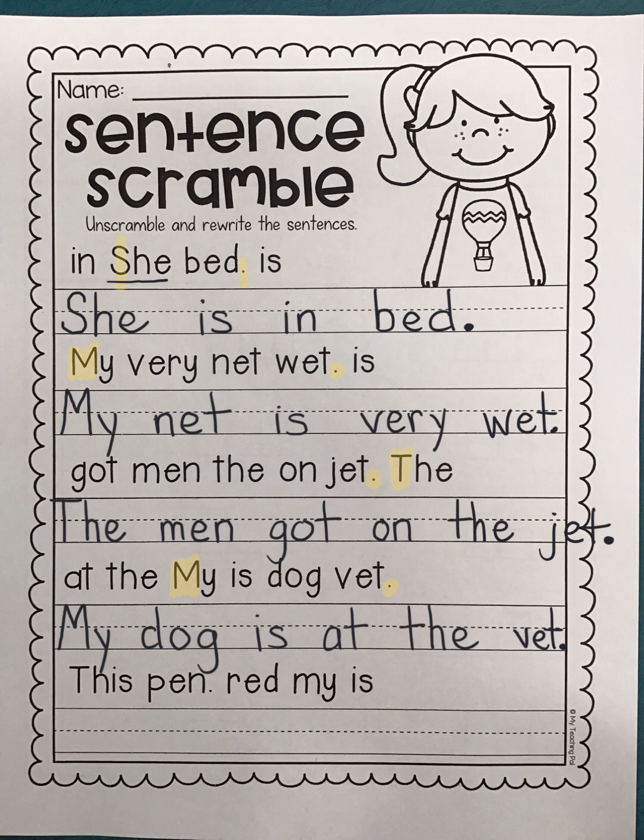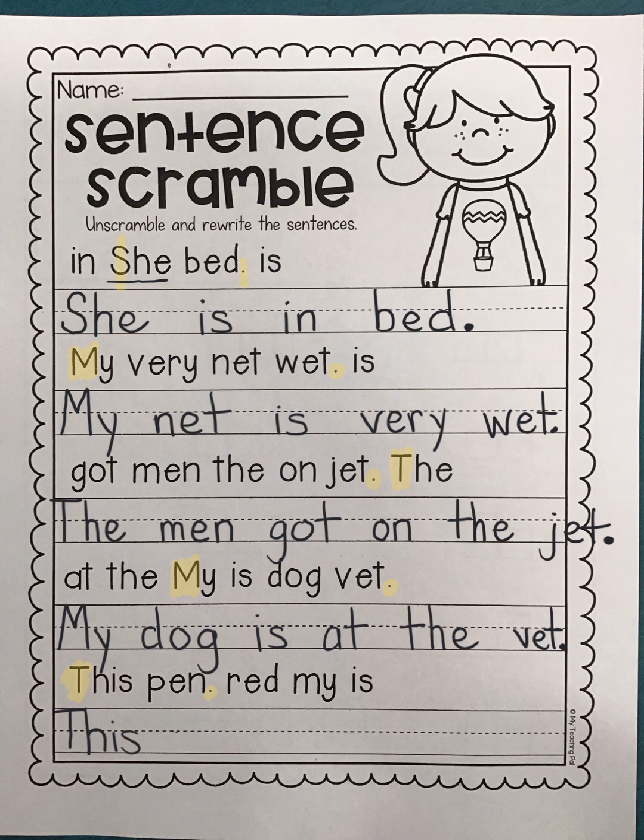With your highlighter, please pick up your highlighter and let's highlight the capital and the period in the next sentence. Capital T and my period. Now I know the sentence is going to say, this is my red pen. With my pencil, let's write the word this with that capital T to start our sentence. This.